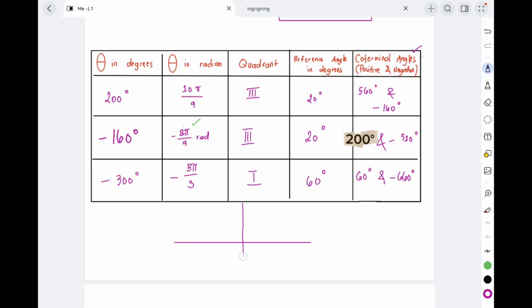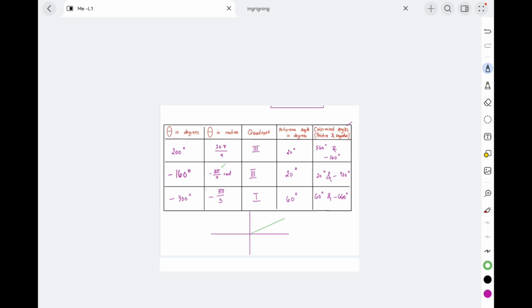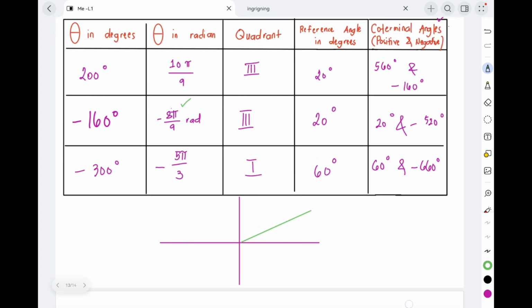For example, this is our Cartesian plane. This is our angle, negative 300 degrees. So if mo rotate ta from the initial, di man ta mo stop diha.